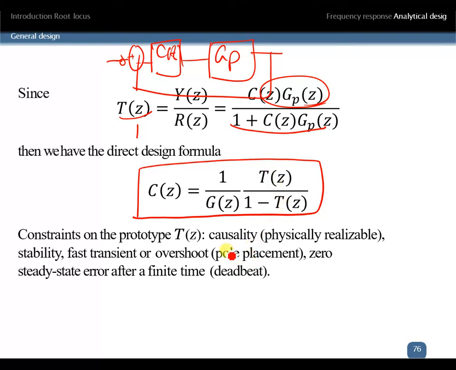Now we would like to see the constraints on the prototype T(z), such as causality. We will see the fast transient or overshoot, the name is pole placement. Zero steady state error after finite time, the name is deadbeat.